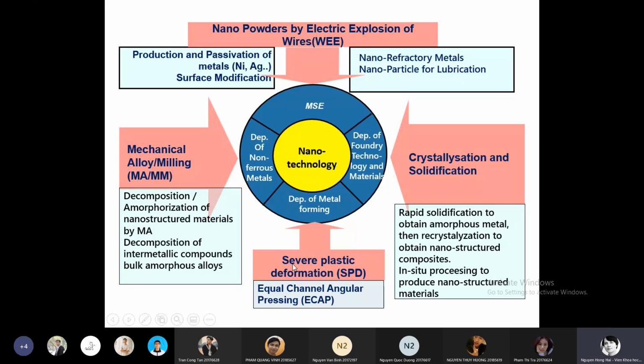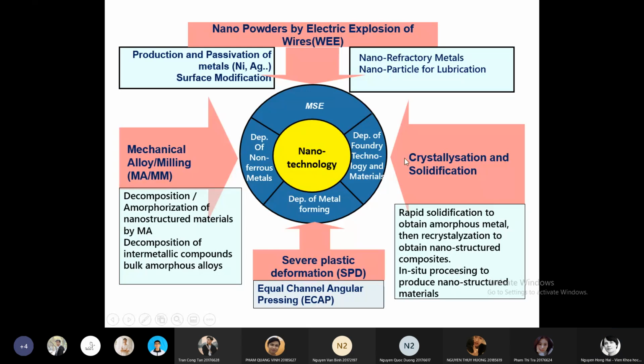Another method is severe plastic deformation, SPD, equal channel angular processing. We have some top research on this in the department of metal forming. And crystallization: by rapid solidification, firstly obtain amorphous metal, and then crystallization to obtain nanostructured composite, for example, or maybe in situ processing of the nanostructured material.